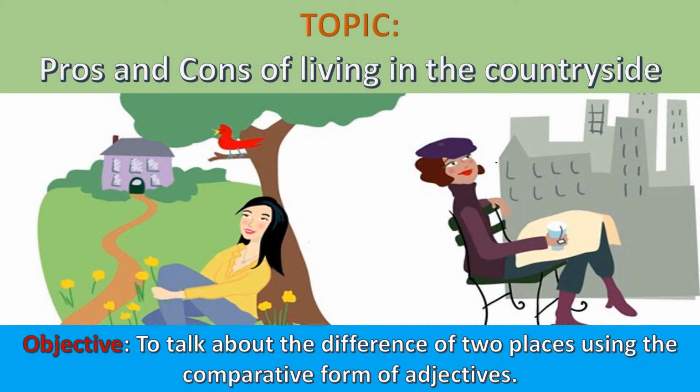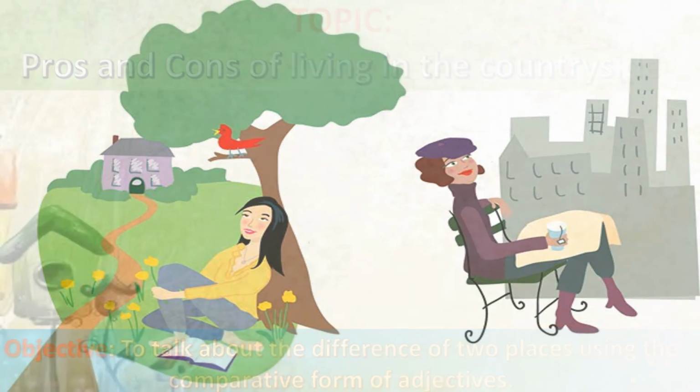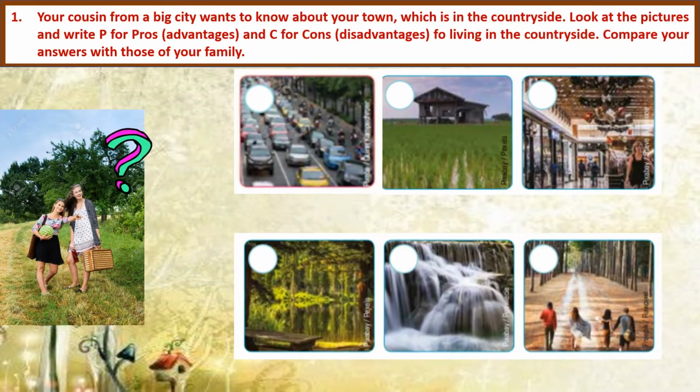The topic is pros and cons of living in the countryside. The objective: to talk about the difference of two places using the comparative form of adjectives. Activity number 1.